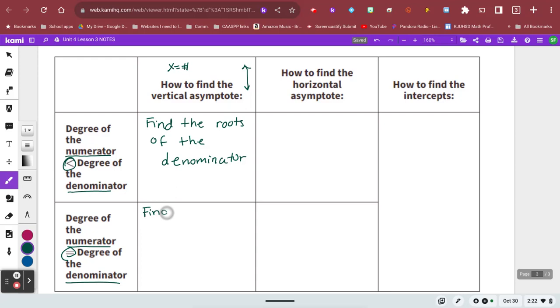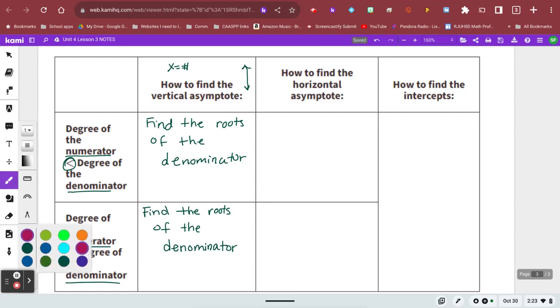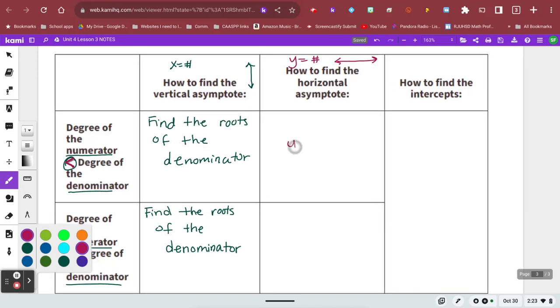So find the roots of the denominator. Now, the horizontal asymptote, this is going to be y equals a number, and it's going to be going across the y-axis. When the numerator is smaller than the denominator, it's always going to be y equals 0.